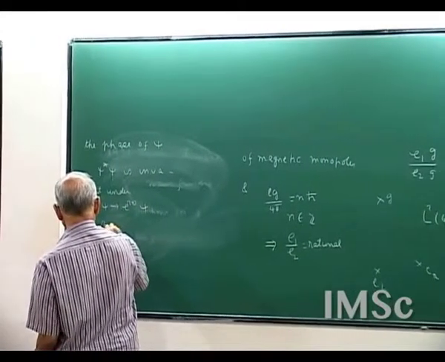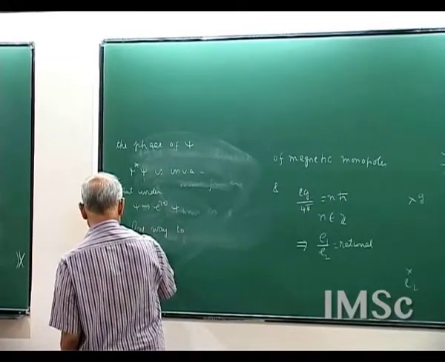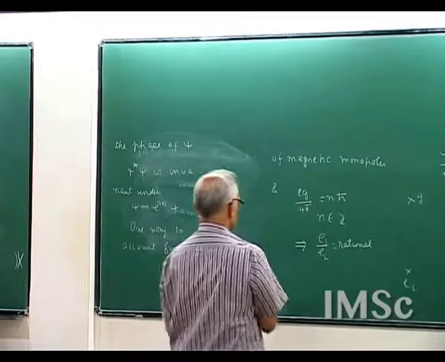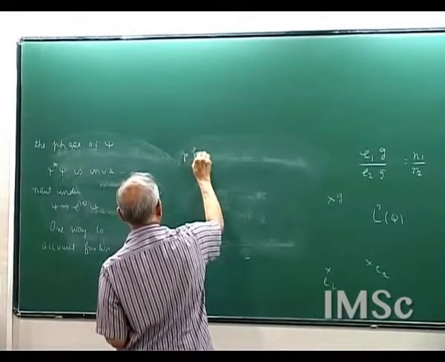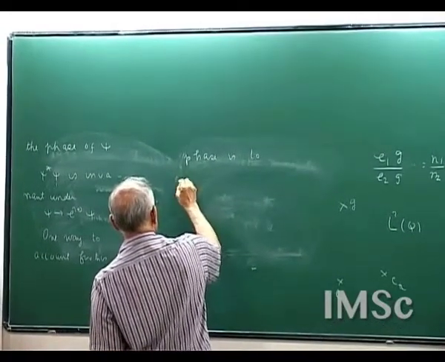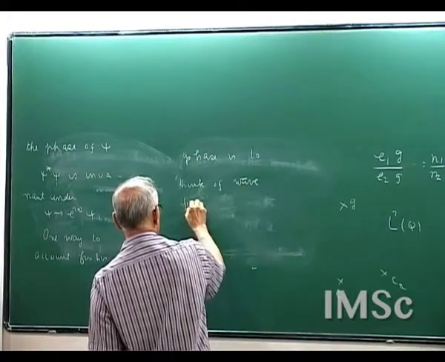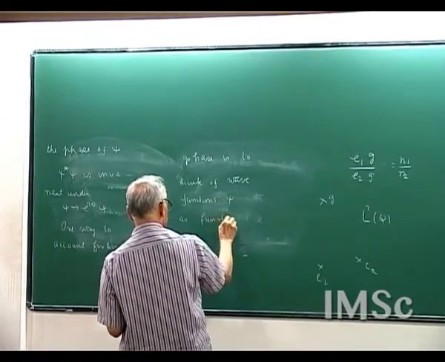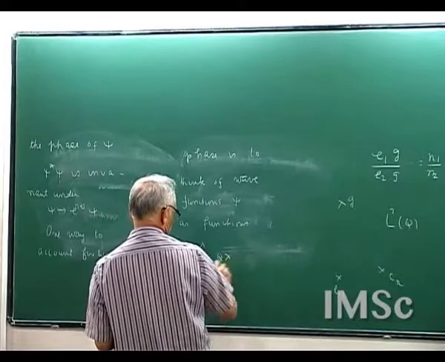One way to account for this phase is to think of wave functions psi as functions, again without saying anything about smoothness, on, let me call it q hat, which is Q cross some circle. Let me write the circle as S1.